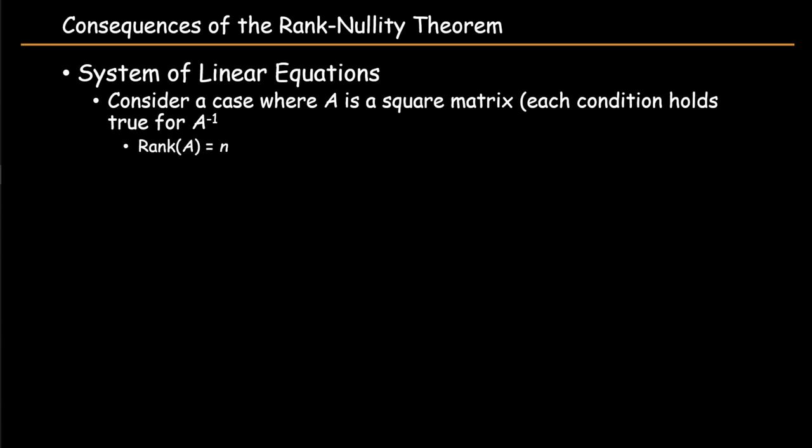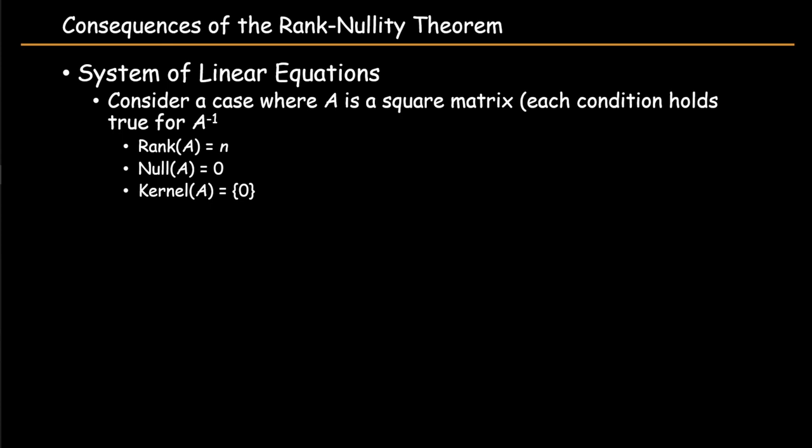The first one is that the rank of A is equal to n. So if the rank of A is equal to n, then its nullity is going to be 0, and the kernel is only going to contain the 0 vector.